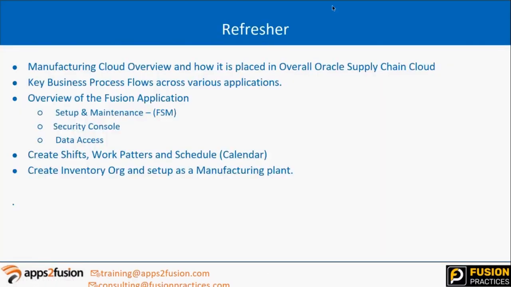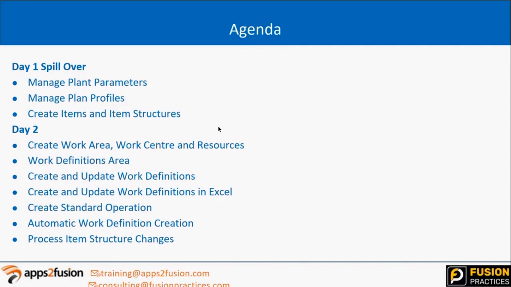So this is my agenda for day 2. We had some spillover activities which I had actually planned for yesterday, but that's okay, we plan to cover them today. Our agenda for today is the essential setups in the manufacturing area.